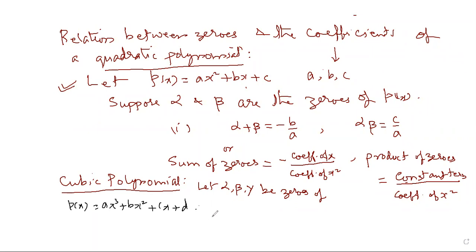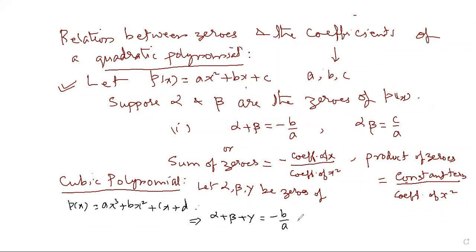There are three relations now. The first relation is the sum of the zeros, alpha plus beta plus gamma, which will be equal to minus b upon a. But here b is the coefficient of x² and a is the coefficient of x³.